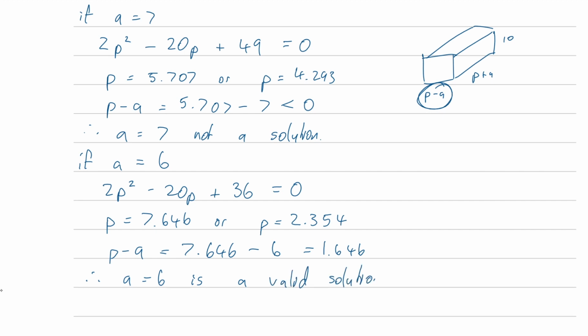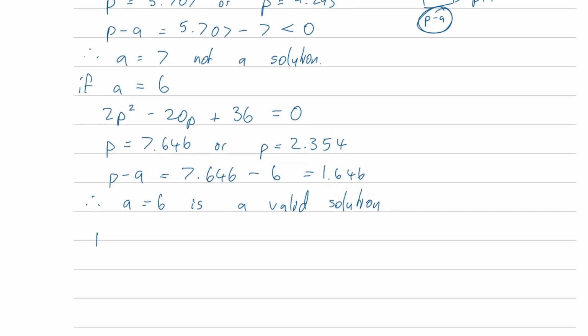In that it makes sense in this context, and since the discriminant was positive at the start, we know the surface areas of the cube and the cuboid would be the same for these particular values of p. So, with that said, the value for p was 7.646, right, which gives us the dimensions of the cube.